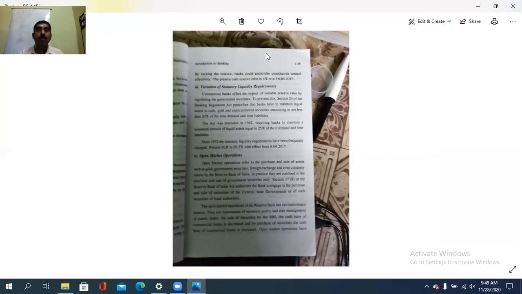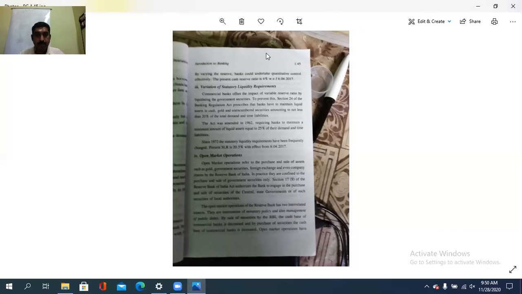And finally, the open market operation, in the sense of purchase and sale of assets such as gold, government securities, foreign exchange, and even company shares, by the Reserve Bank of India. That is the purchase and sale of assets by the RBI.